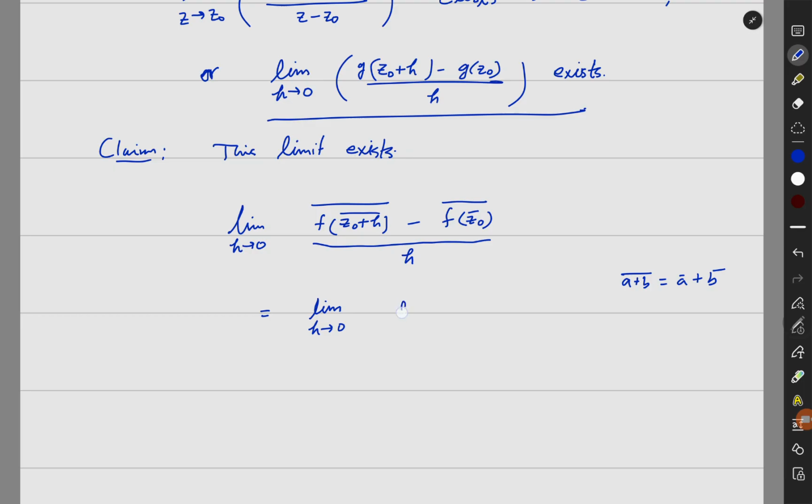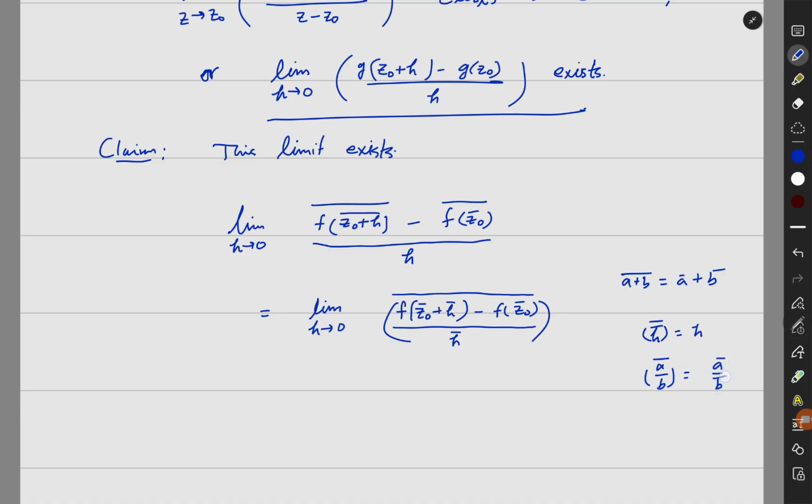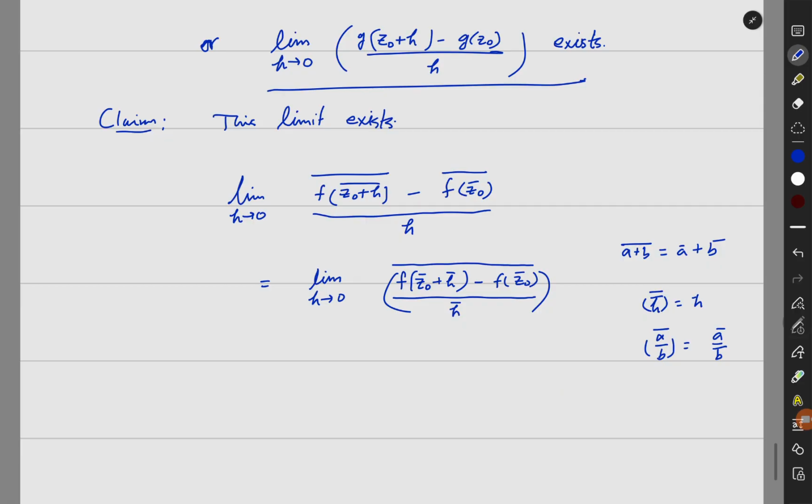So you can rewrite it as f of z naught bar plus h bar minus f of z naught bar, to the whole bar, divided by h, which can also be written as h bar whole bar, since h bar whole bar is equal to h only. So you can write h bar here and everything inside this bracket, and a by b whole bar is also equal to a bar by b. So using all these formulas, we can write like this.